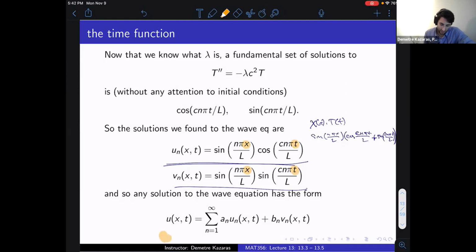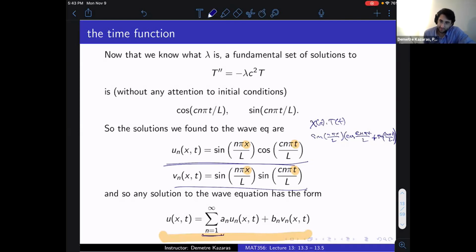And so, in fact, any solution to the wave equation can be written as a linear combination of these two functions. So I'll just write that as an infinite sum. Why not? So long as it converges, that's a fine thing to say.